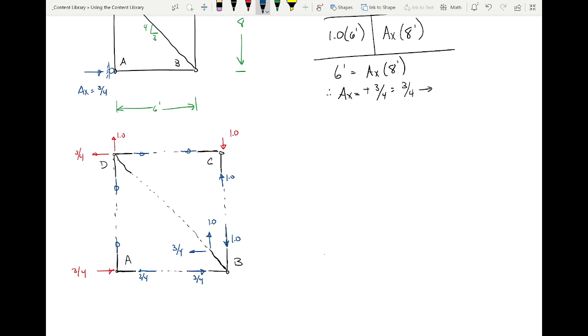So 3/4 in this direction, and 1 up, 1 down. Does that respect equilibrium at joint D? You bet, right? 1 down, 1 up. 3/4, 3/4. Boom.